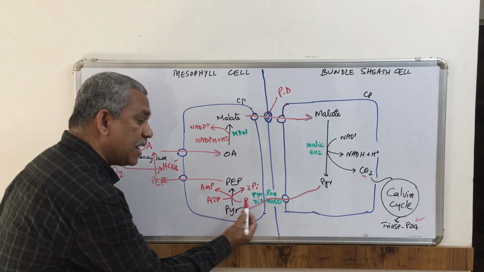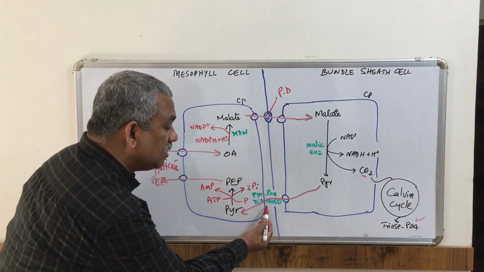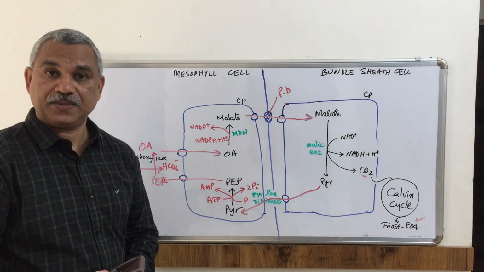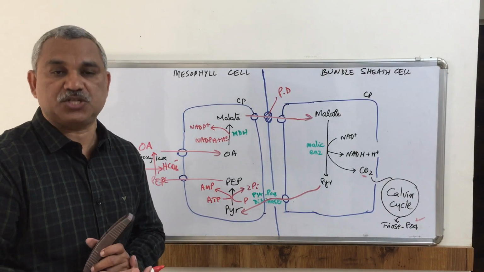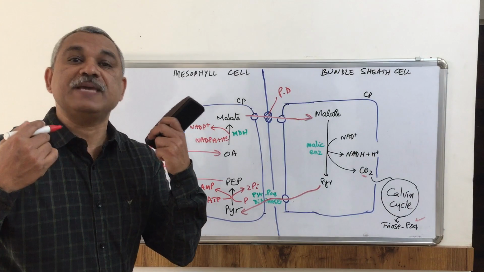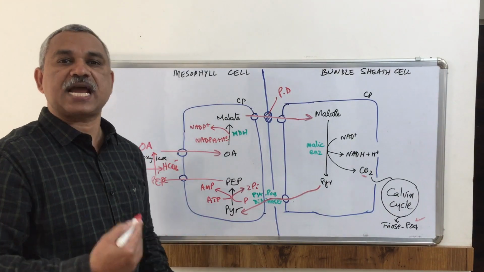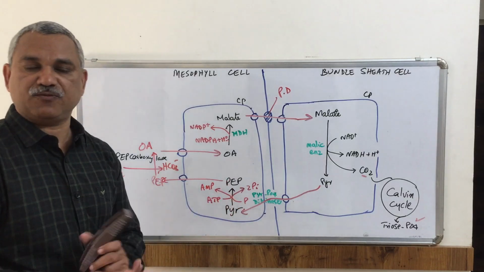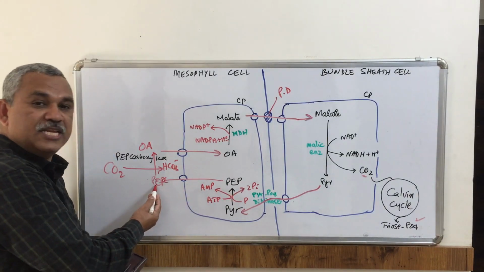That is catalyzed by an enzyme known as pyruvate phosphate dikinase. In the reaction, an ATP will be converted to an AMP and pyrophosphate, and pyrophosphate will be cleaved into 2 Pi molecules that will drive the reaction forward, and PEP is formed. Once PEP is formed, it will continue.